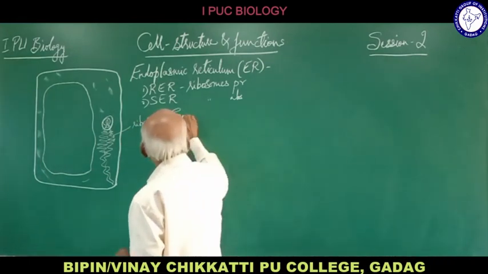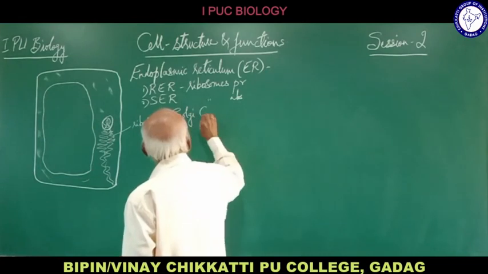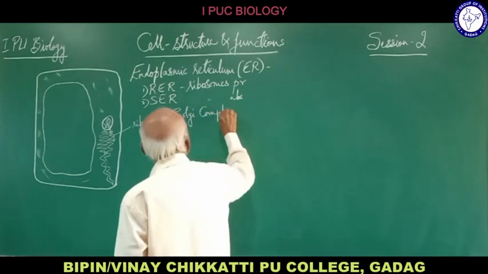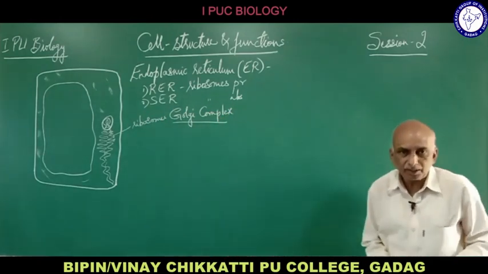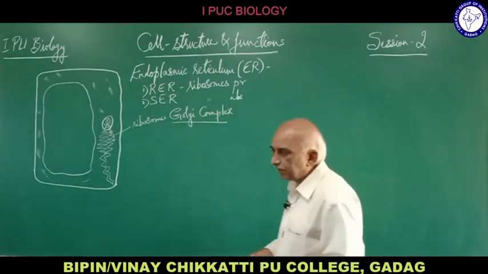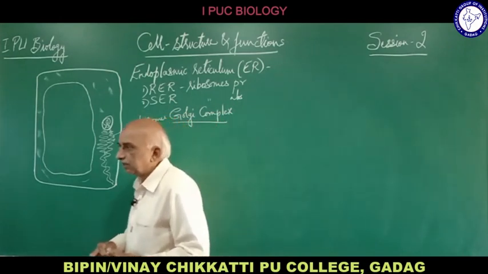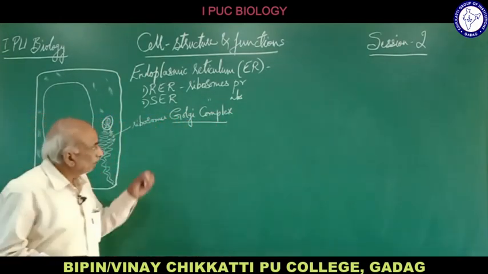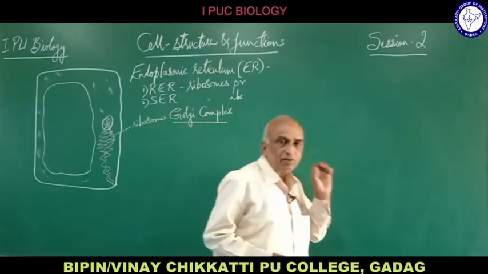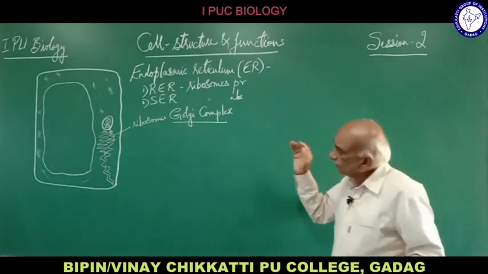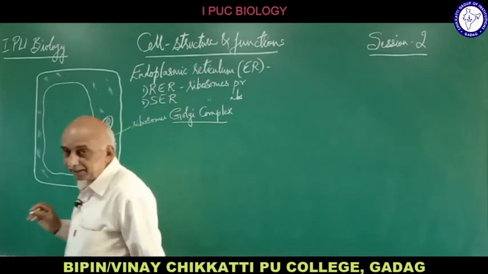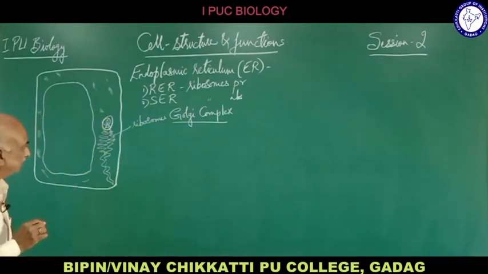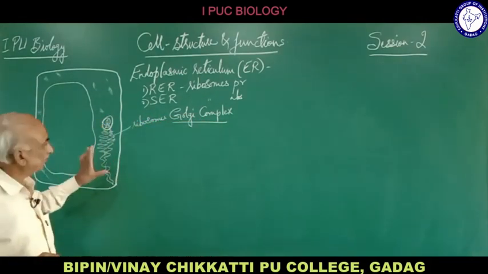Then we come to another important organelle, the Golgi complex. Golgi complex, or Golgi bodies, are named after an Italian scientist called Camillo Golgi. This Golgi complex is similar to the endoplasmic reticulum, but it is freely present in the cytoplasm, not connecting the cell membrane or the nucleus.